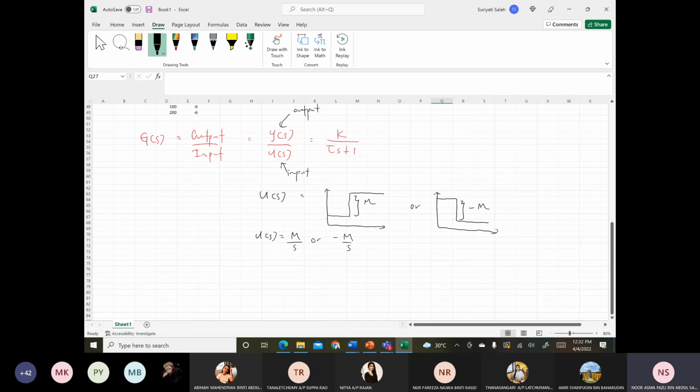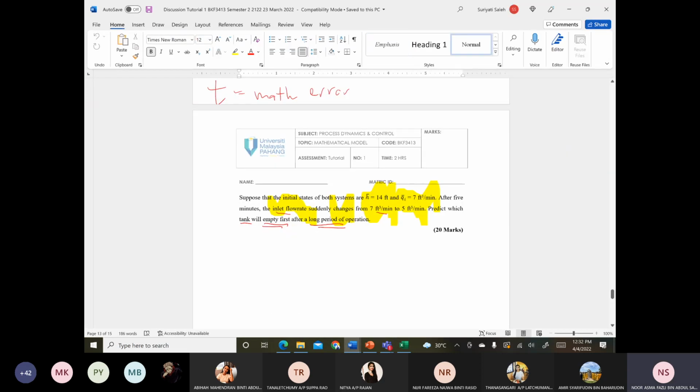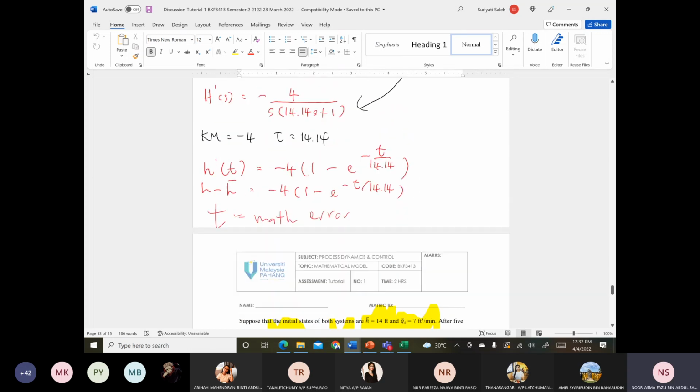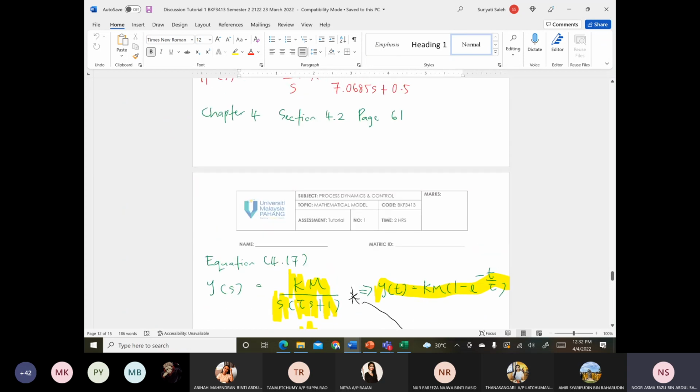So let's take a look at one example to demonstrate it. We refer to our tutorial before. Let's recall this tutorial. It involves the tank with the pump and the tank with the valve.